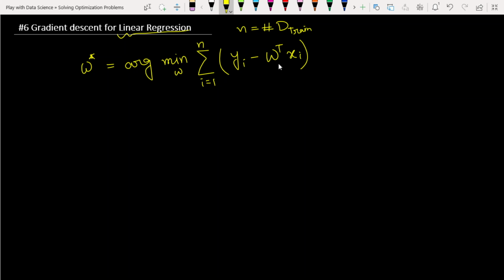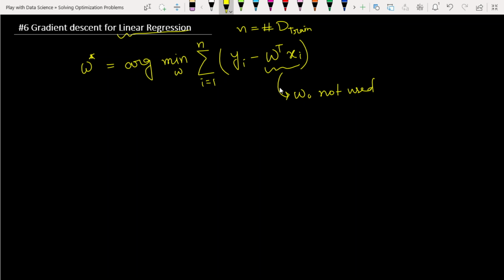Here, simply for ease of calculation, we are not using W naught, because we are avoiding the intercept term.